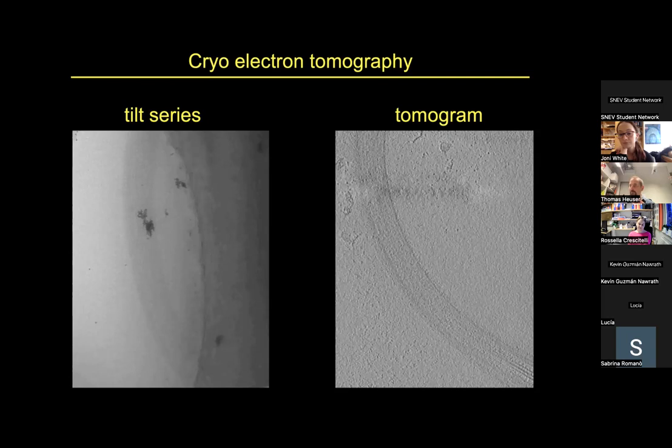So with pure classical chemical fixation, I think it will be almost impossible to see the double membrane. But with this hybrid approach, starting with high pressure freezing and then doing this freeze substitution, if all goes well, you might be able to see the double membrane. Depends on, again, what you're trying to do.